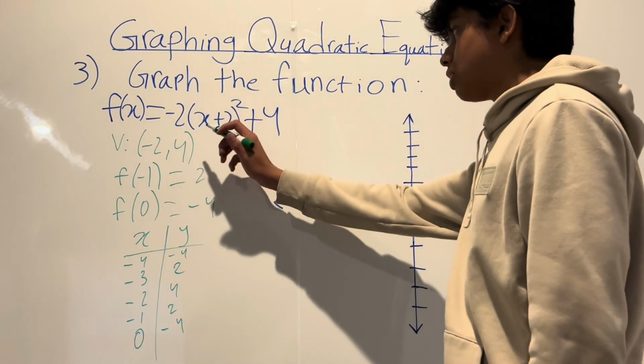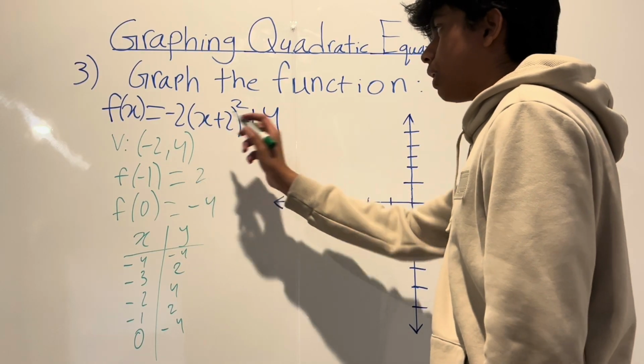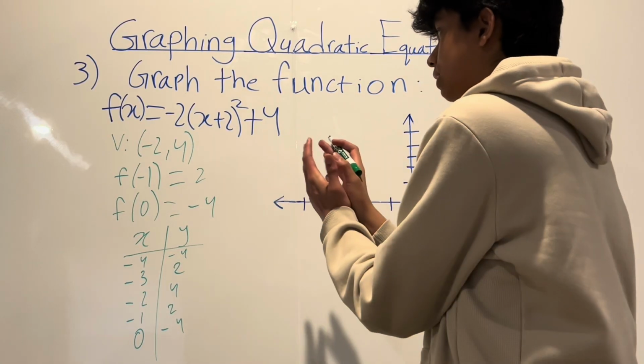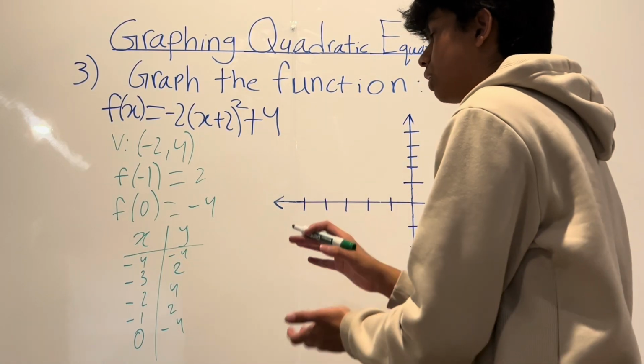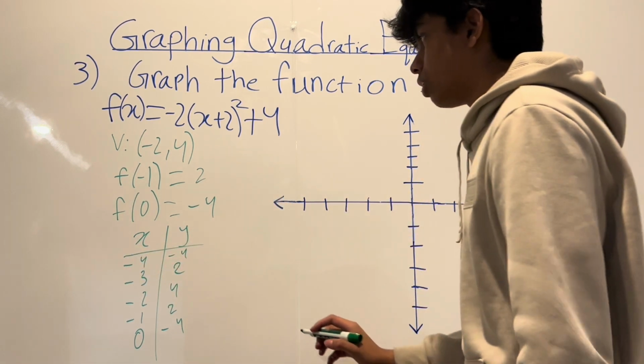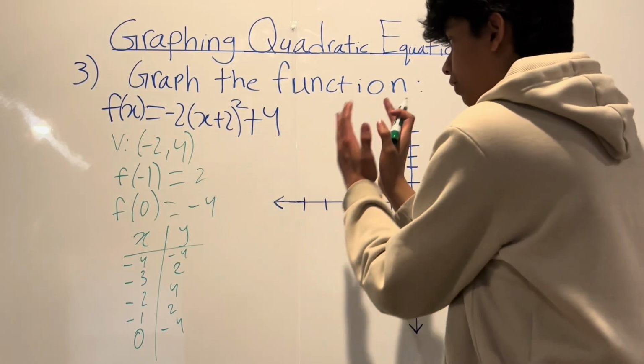And another thing to mention about the a value is if you take the absolute value of it, the greater it is from 0, the more condensed it's going to be. And the closer it is to 0, the more stretched out it's going to be. So if we had a to be like 10 or 20 or something, it would be very small.